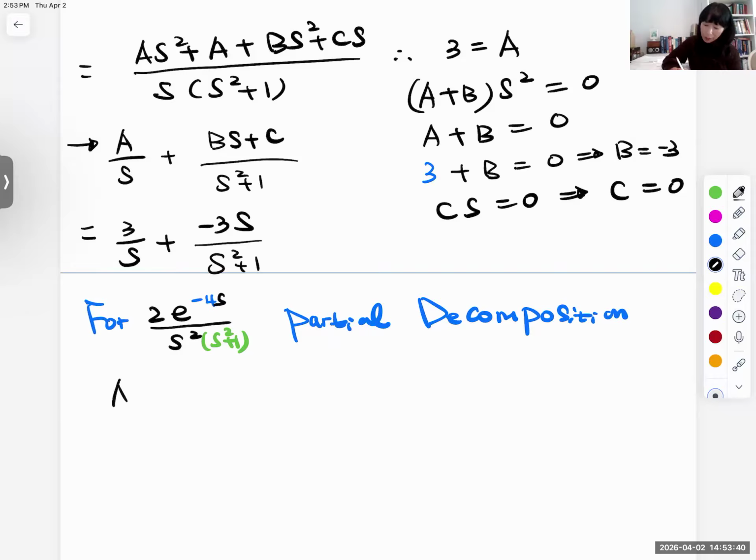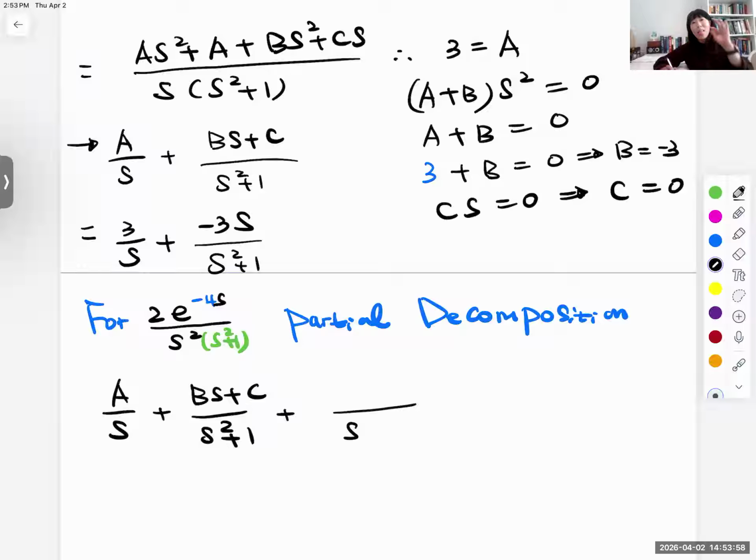Okay, now let me write down for you. So it will be a over s. That's how we decompose. And plus s squared, then plus 1. So we have to make one less. So vs plus c like earlier. And plus we have s squared plus 1.